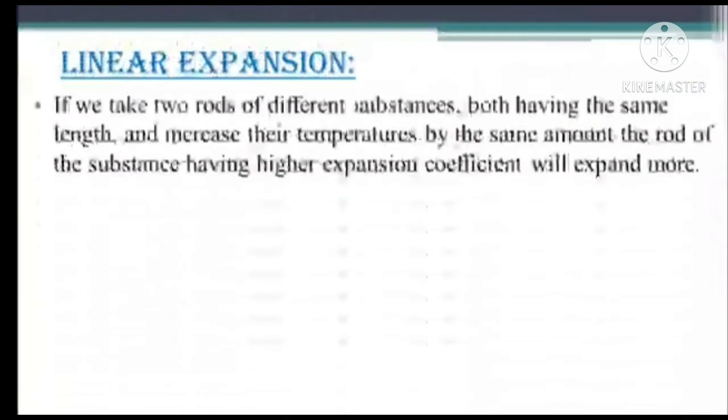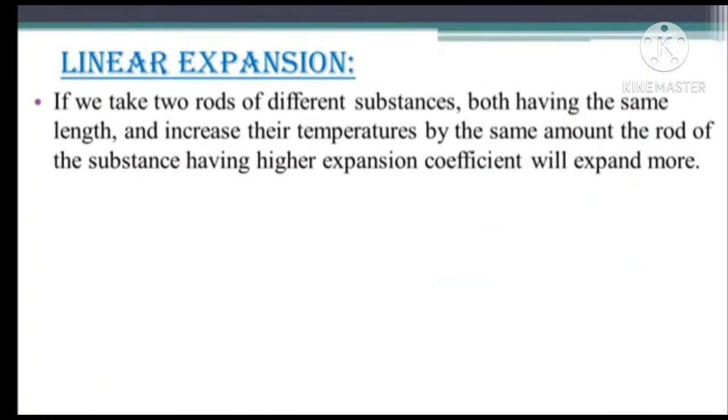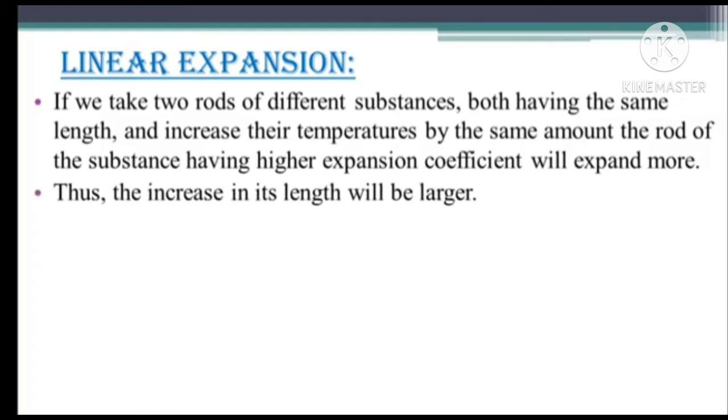Now next, if we take two rods of different substances, both having the same length, and increase the temperature by the same amount, the rod of the substance having higher expansion coefficient will expand more, and thus the increase in its length will be larger.